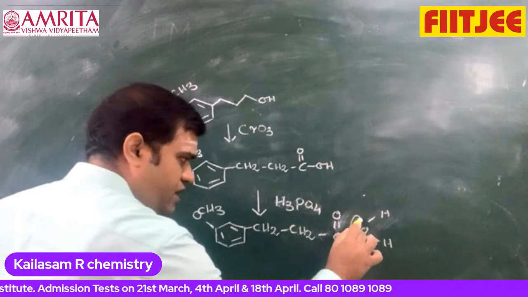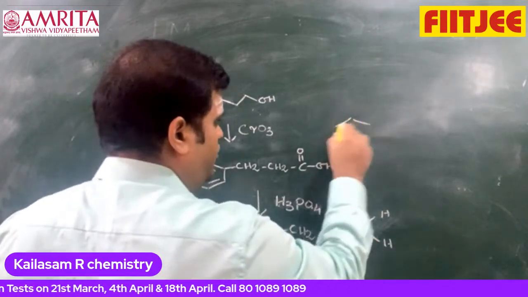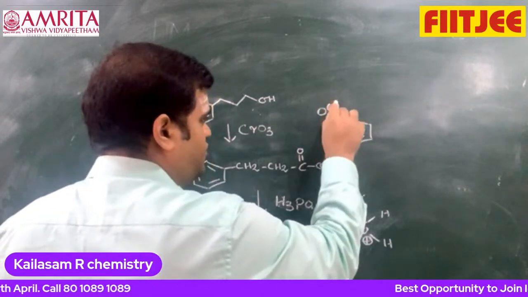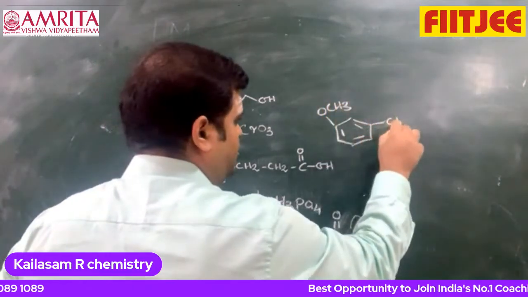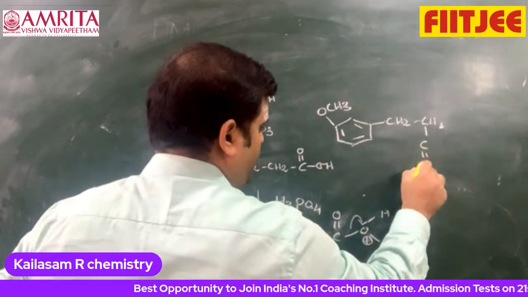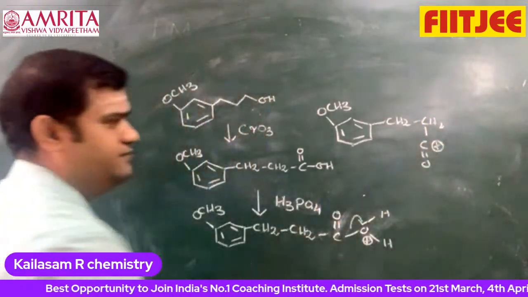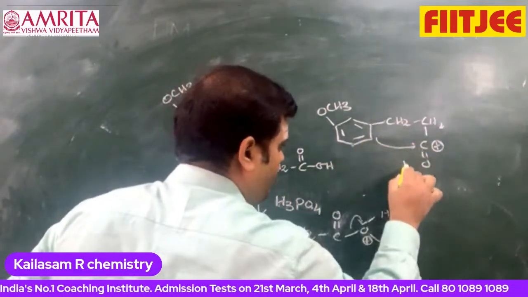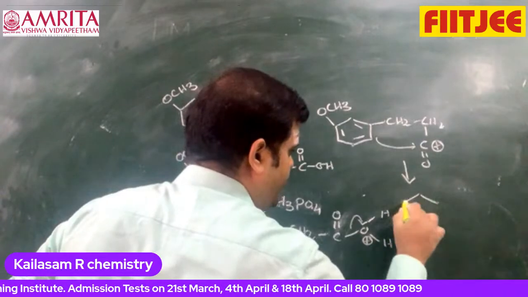Now the bond is going to break, which produces a stable carbocation. I can write it as OCH3, CH2, CH2, C double bond O plus. Now this is going to attack here, which produces the compound.